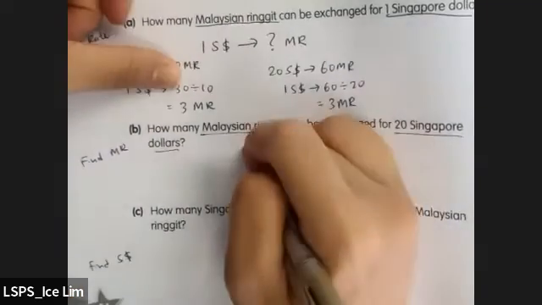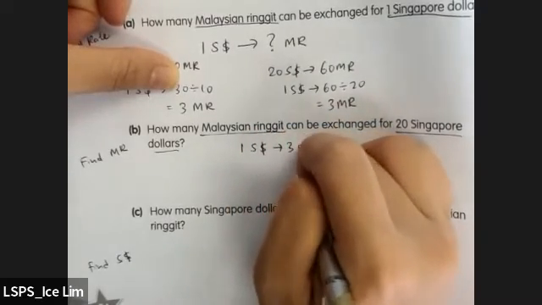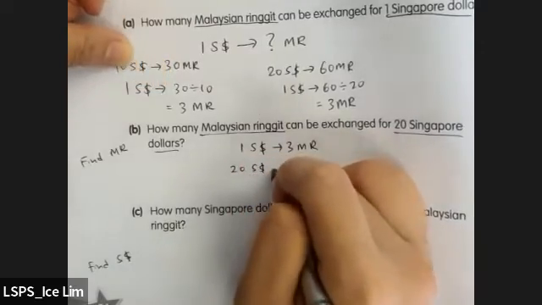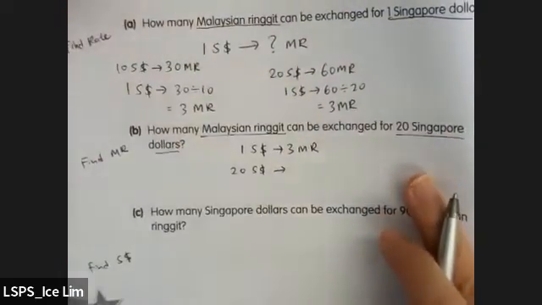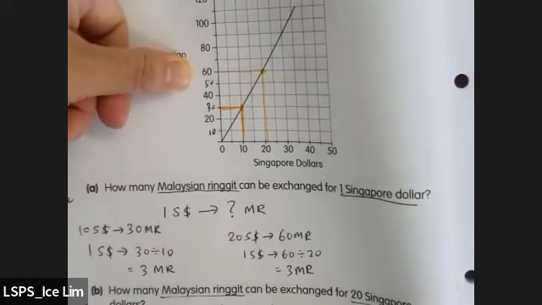So 1 Singapore dollar gives you 3 Malaysian ringgit. They ask you 20 Singapore dollars. Can you find it? Yeah, which we already used in the first one. It's already on the line graph. This one is almost like a giveaway.